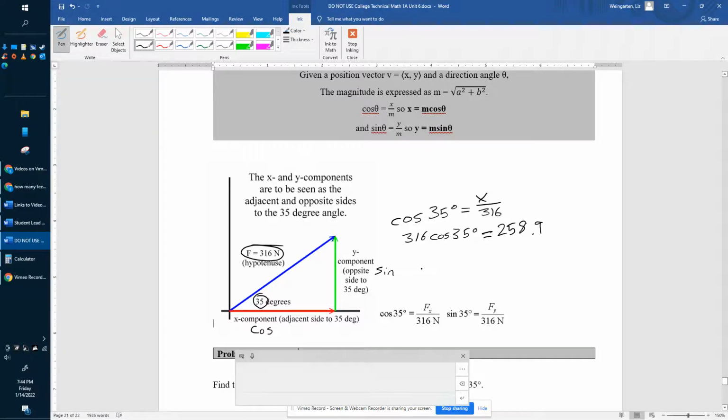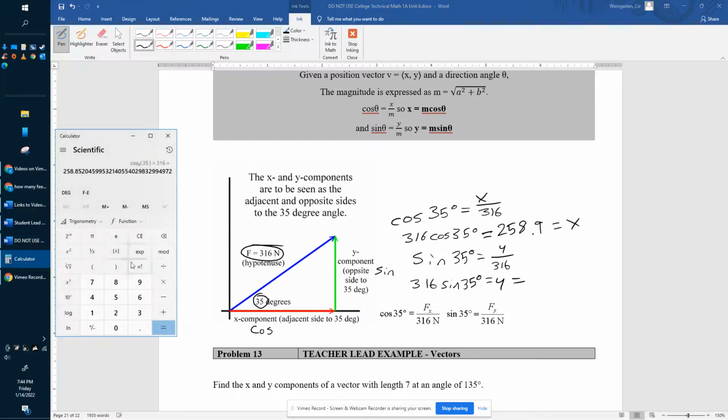And how about our y value? Then we will use sine of 35 degrees equals y over 3/16. Multiply both sides. So what is that going to give us? 35 sine times 3/16 equals 181.25.